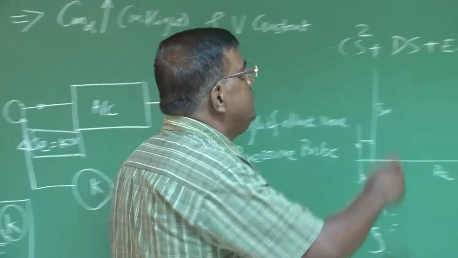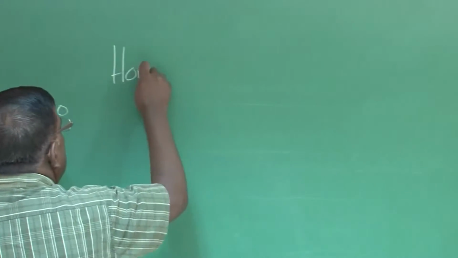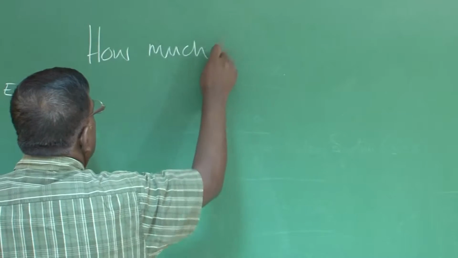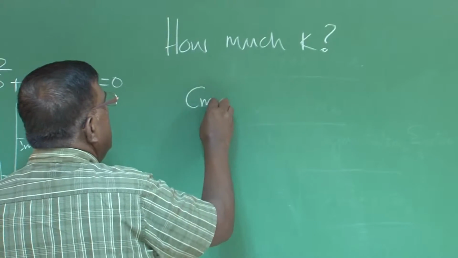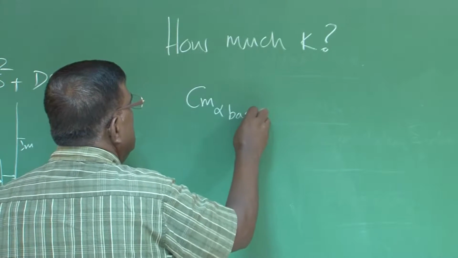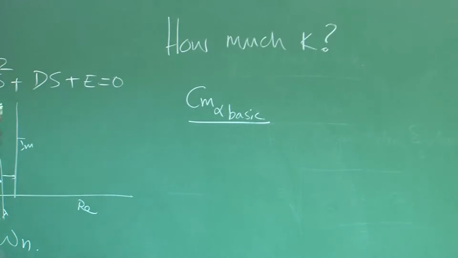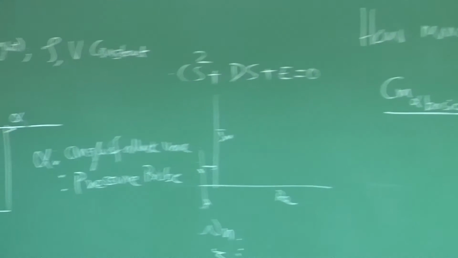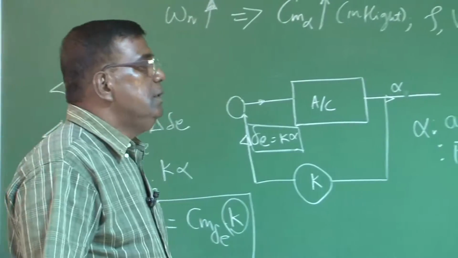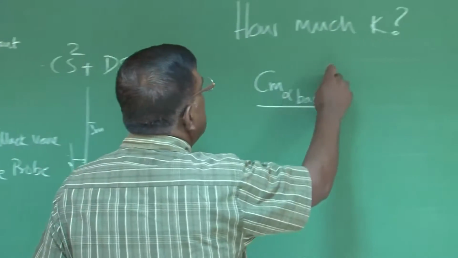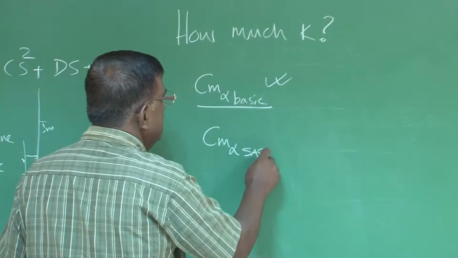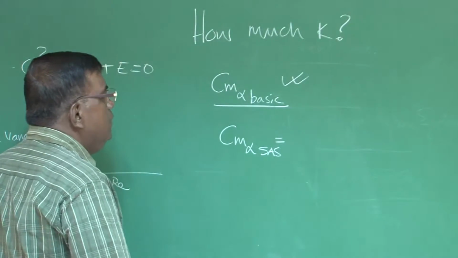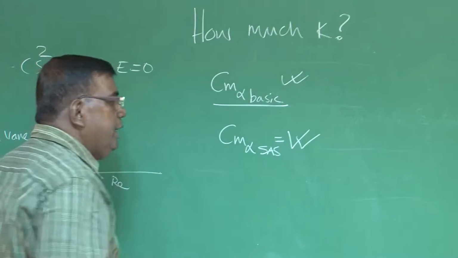Okay. How much k? Let us say we have Cm alpha basic, which has been designed from the beginning depending upon wing location, tail location, CG, etc. This is available for the airplane. Now, we want Cm alpha SAS, some value which I am targeting. And how do I get that value?